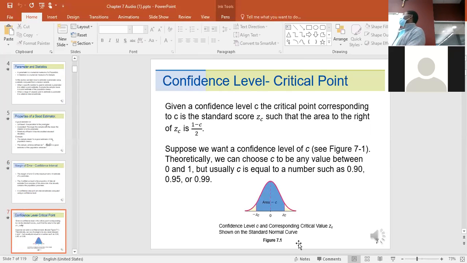So now let's look at confidence level and margin of error. If you want to write something, X bar is a point estimate for mu, the population mean.